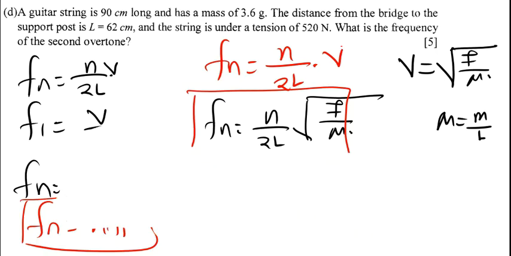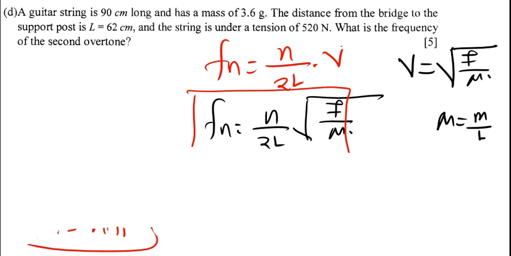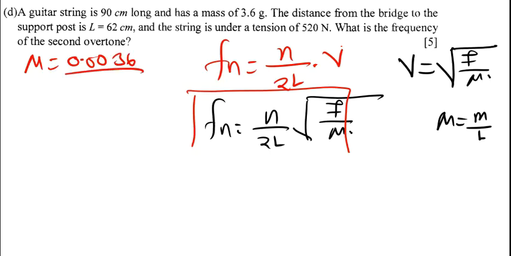Let's plug in the values, but first let's find the linear density. We are saying that linear density is given by the mass. Now the mass in this case is 3.6. I'm going to convert this, 3.6 divided by 1000, which is going to be 0.0036. Let's divide this by the length. The length is 90 centimeters. We divide it by 100 to convert it to meters, which is 0.9.